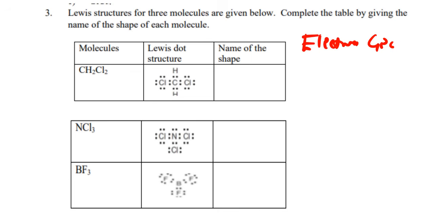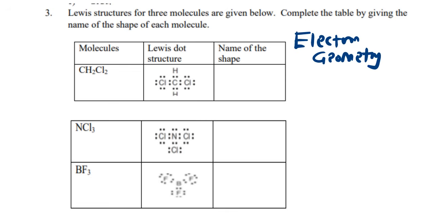Because it is bonded to 4, there are 4 regions where we're likely to find bonds. So in terms of electron geometry, it's going to be tetrahedral.